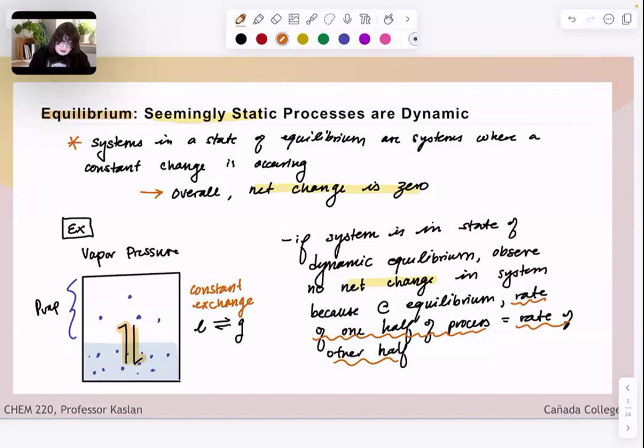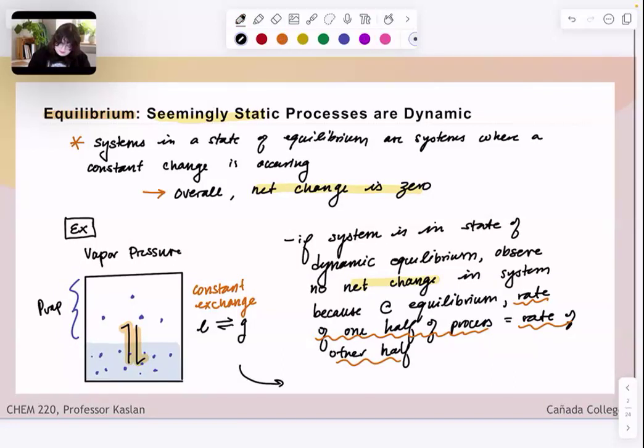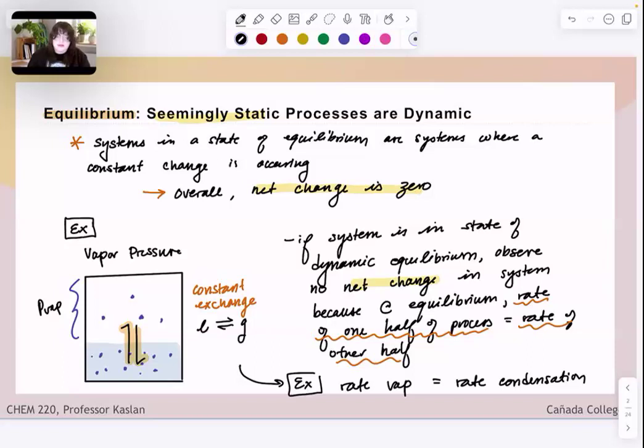So here in our example, we would say the rate of vaporization is equal to the rate of condensation. For every one molecule that manages to escape into the vapor phase, there's also one returning to the liquid phase at the same rate. So this is why we observe no net change.